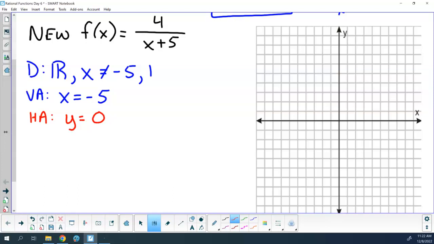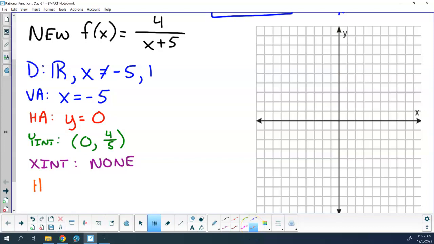To get my y-intercept, I plug in 0. 0 plus 5 is 5, so that becomes 4/5. To get my x-intercept, I set the numerator equal to 0. 4 equals 0 is bad maths, so there are no x-intercepts.